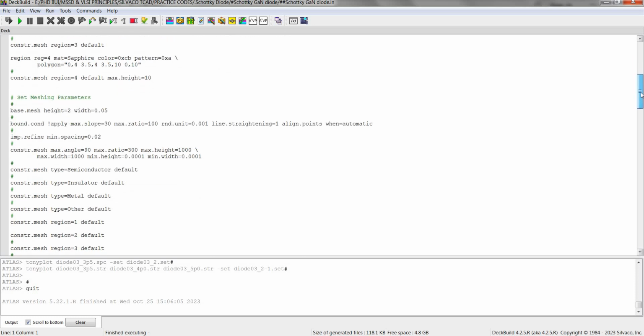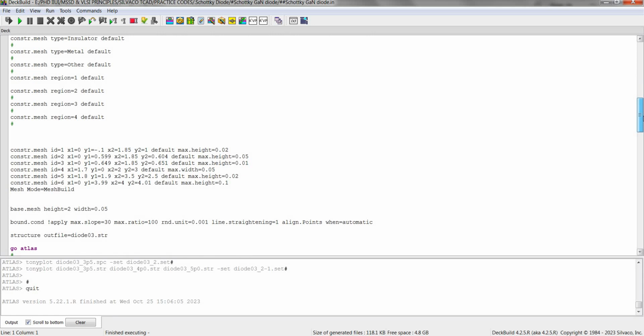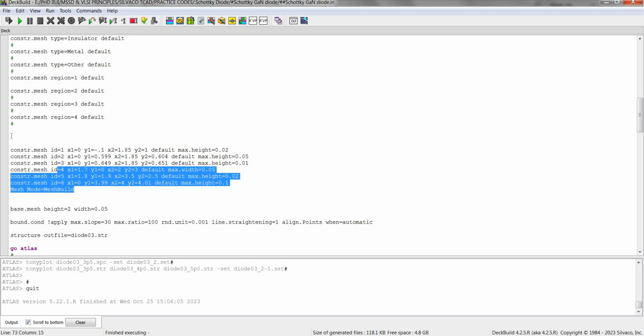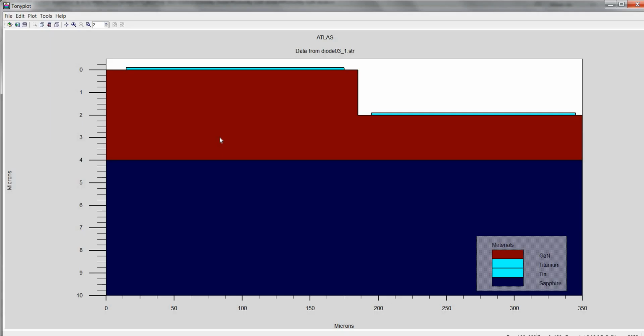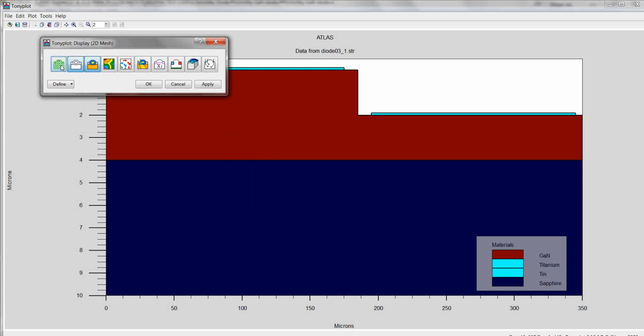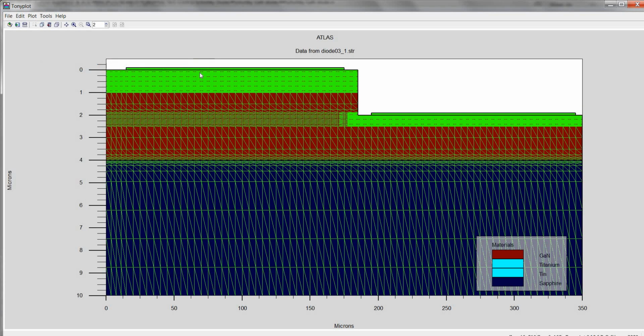Then after defining the regions, we define meshing for our structure, and here is the code for meshing. In the structure you can display meshing by right clicking on the structure, then left click on display and click on this icon. So now you can see the meshing.